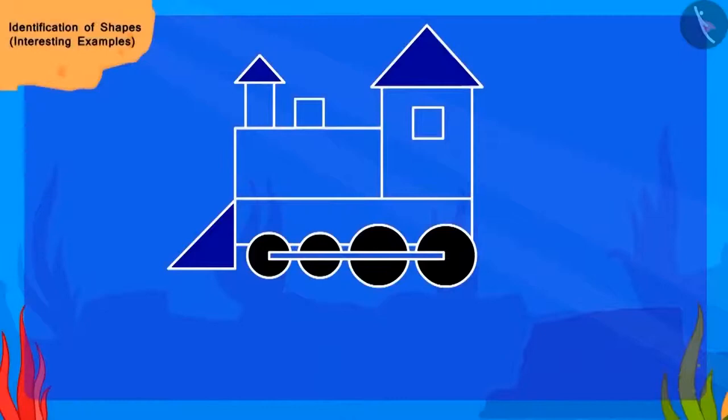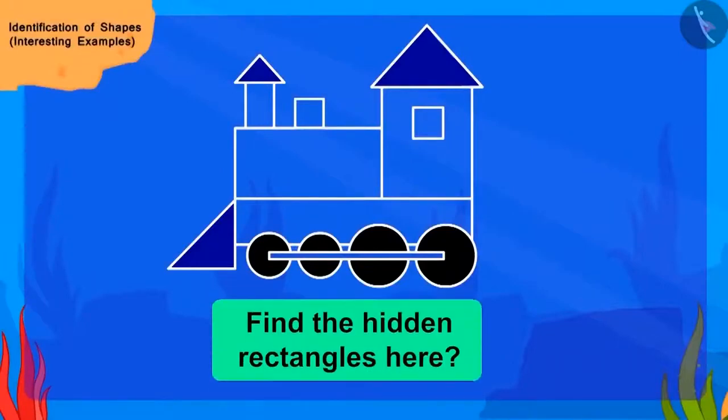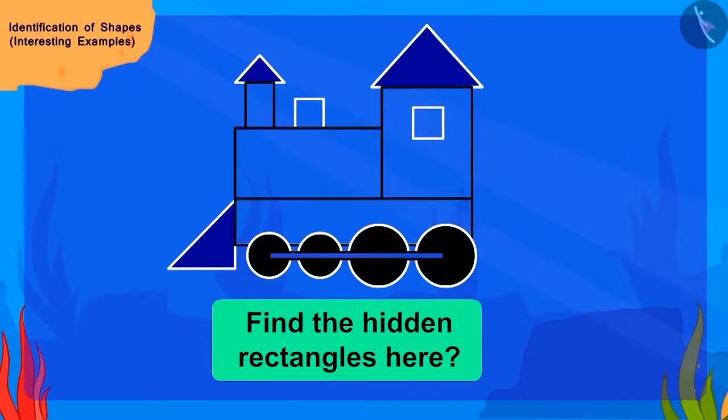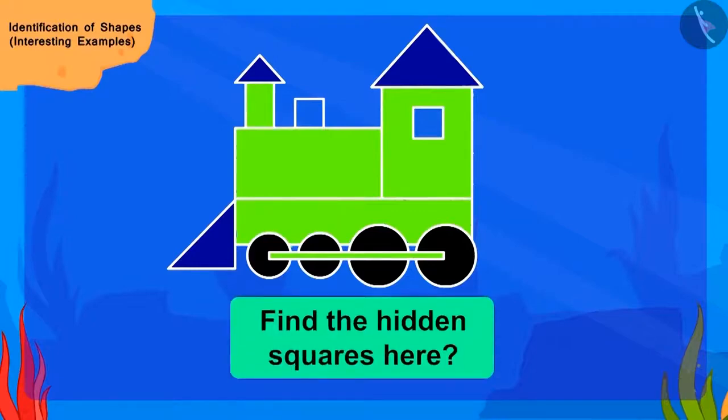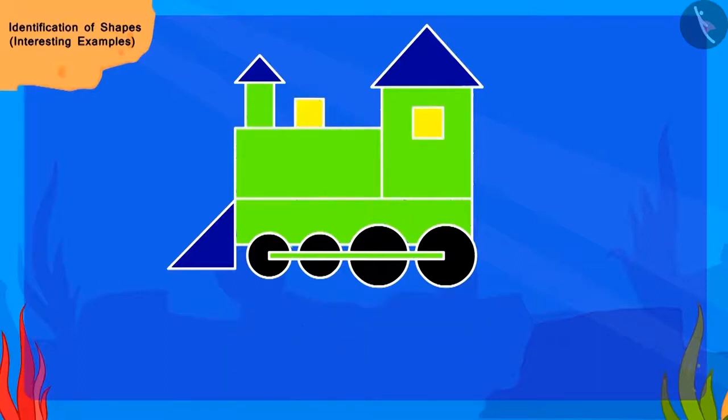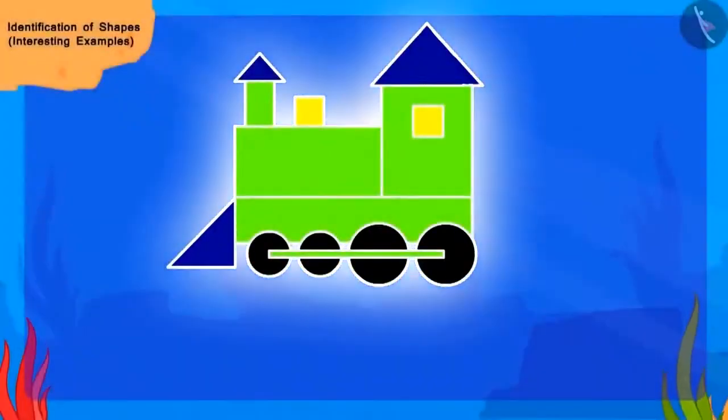Now, can you find the hidden rectangles in the picture and fill them with green color? Absolutely right. Now, find the last hidden shape, square, and fill them with yellow color. Very good, children. You helped Tufan a lot.